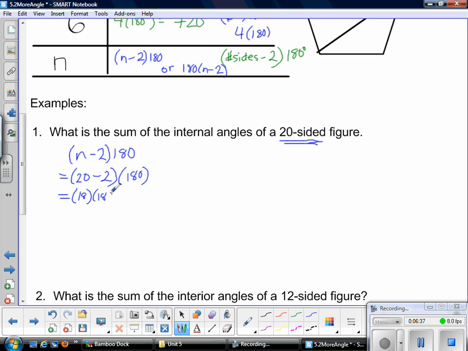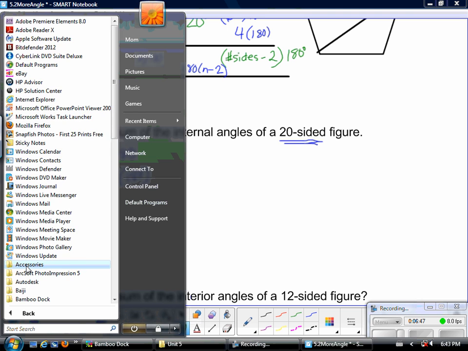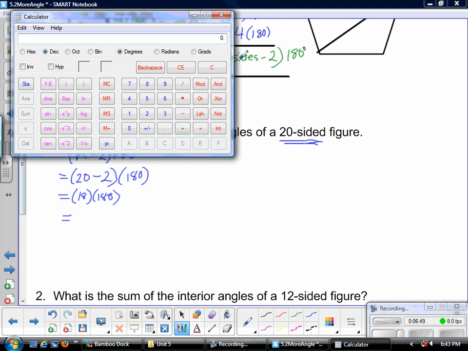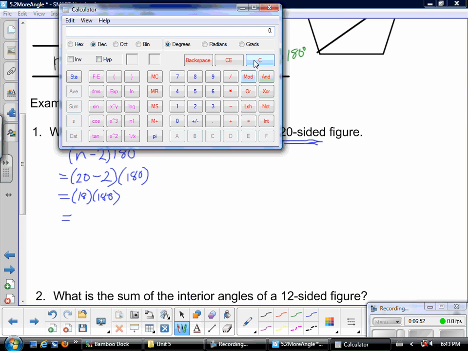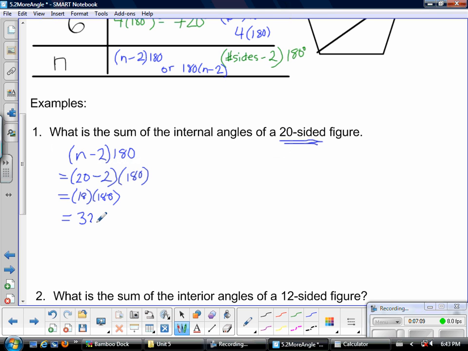I'm assuming that you would probably pull out your calculator, so we'll pull out a calculator to do it. I'm just going to pick up an actual really easy calculator. Doesn't matter which one we use. So we have 18 times 180 degrees, and we end up with 3,240 degrees.